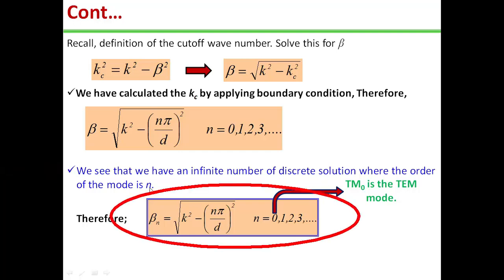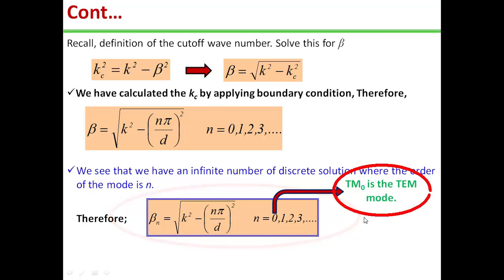Therefore, for the nth mode, we can write phase constant Beta n is equal to square root of k square minus (n pi by d) whole square, where n varies from 0, 1, 2, 3 and so on. In this case, TM0 is the TEM mode basically. So, in the TM case, the n equal to 0 mode exists, and that is basically the TEM mode.